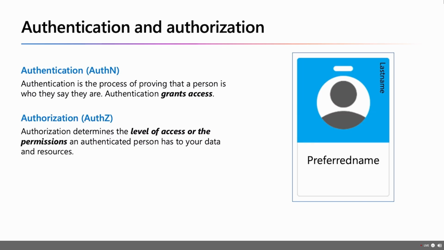Once I logged in, I may then be authorized to only look at parts of that database and maybe just be able to read that information, and I'm not allowed to modify anything. So that's the limitation of my authorization.